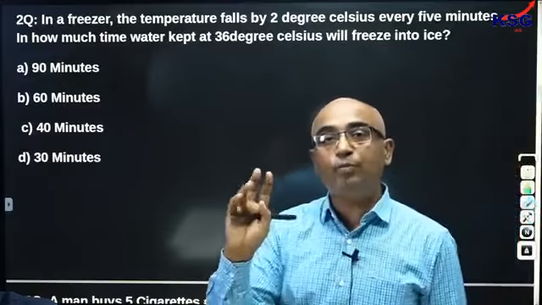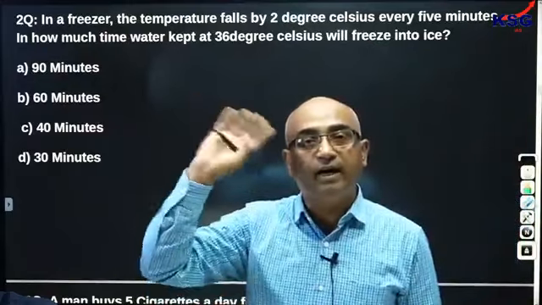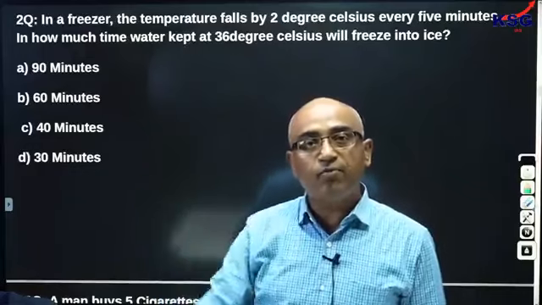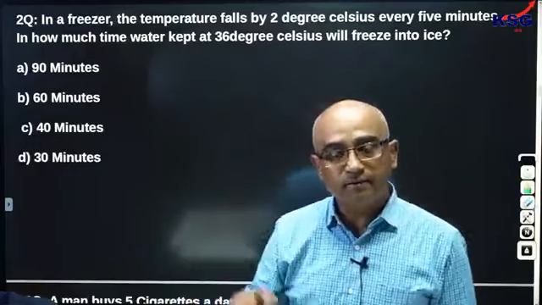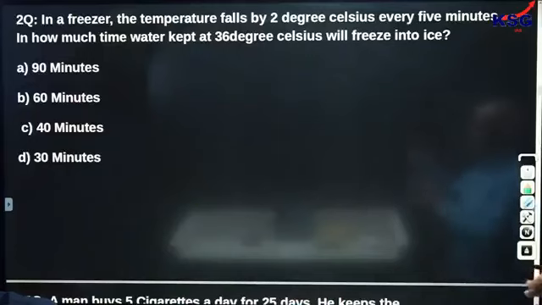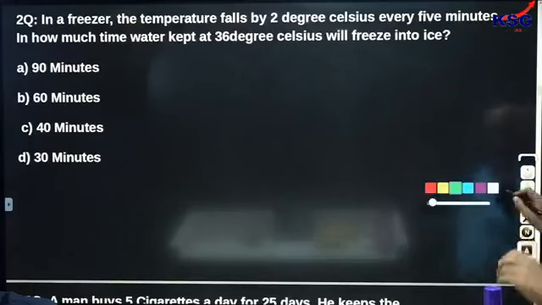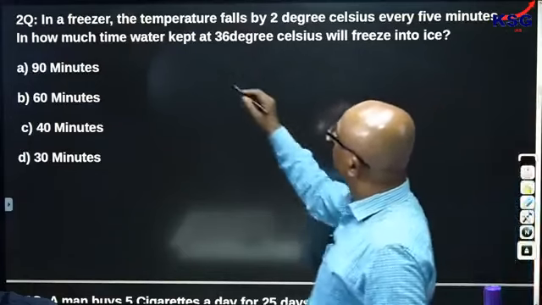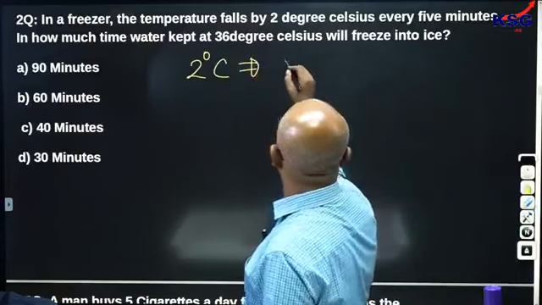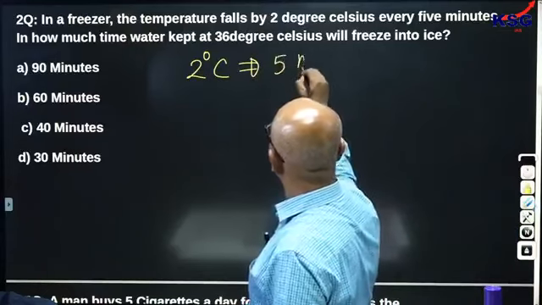Students, aptitude means try to connect with real life situations. Imagine a fridge, temperature falling down, ice. A 2 degrees Celsius downfall takes place in 5 minutes.